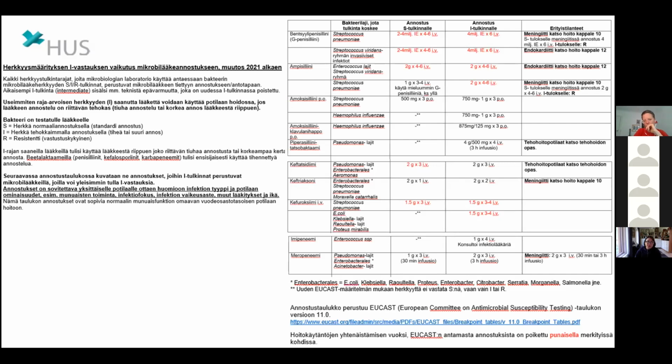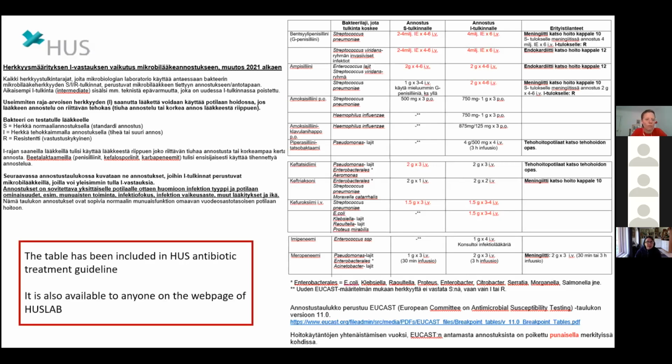So before prescribing your antibiotics, you definitely consider everything. Next slide. This table has been included in our local antibiotic treatment guidelines, and it's also available to anyone in Finland on our web page of HUSLab.